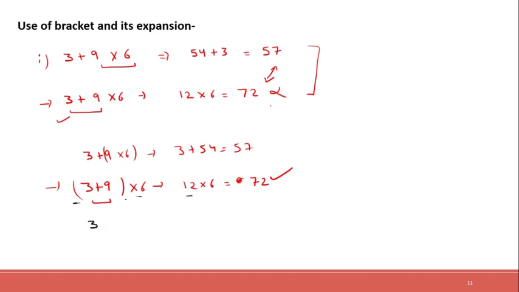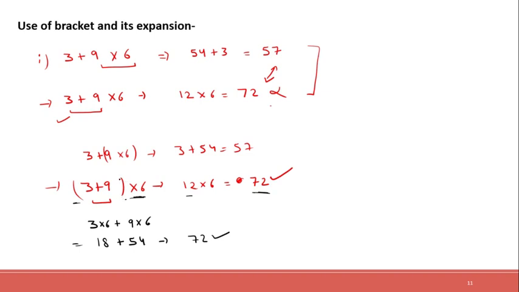That means 3 into 6 plus 9 into 6. 6 into 3, 18. 9 into 6, 54. Add this and you will get 72. So see, this is same. That means this 6 is multiplied to 3 first and then to 9. So this is another property of bracket.